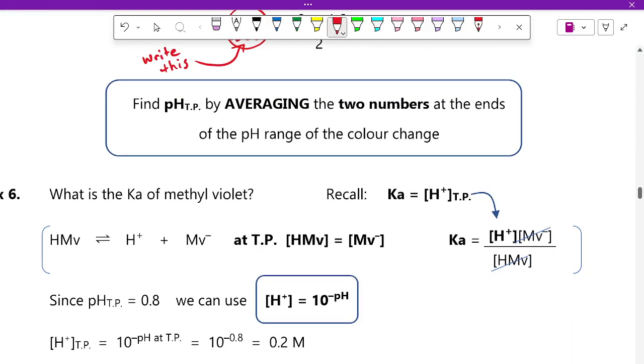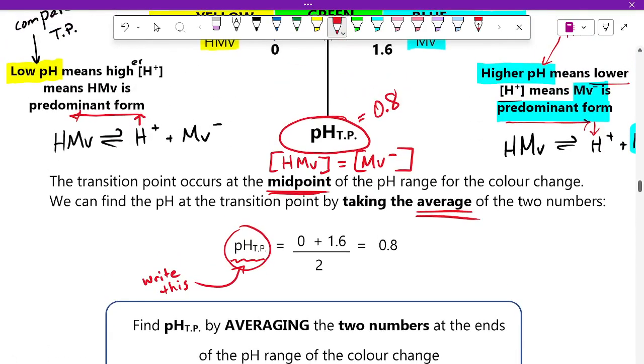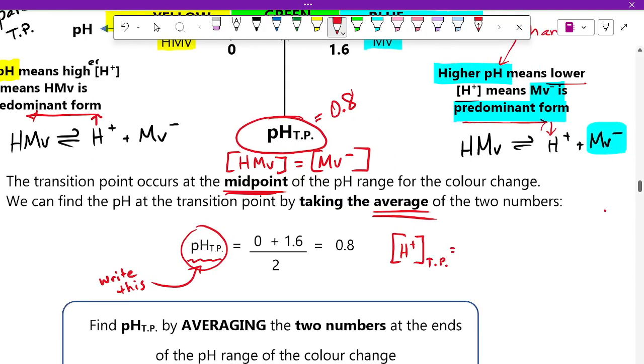finding the Ka of methyl violet. Before it's written down there, but let's just try it up here. If I know the pH at the transition point, what else do I know? I know the concentration of H plus at the transition point is equal to 10 to the negative pH at the transition point.